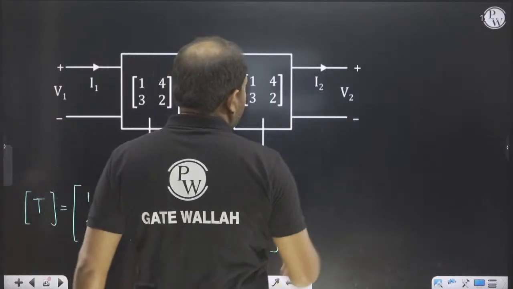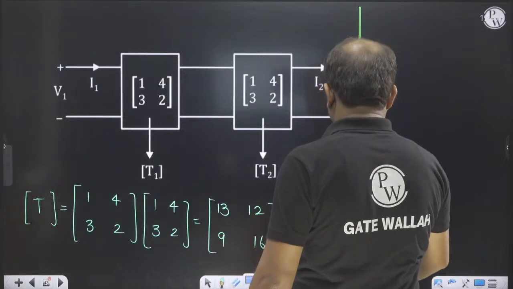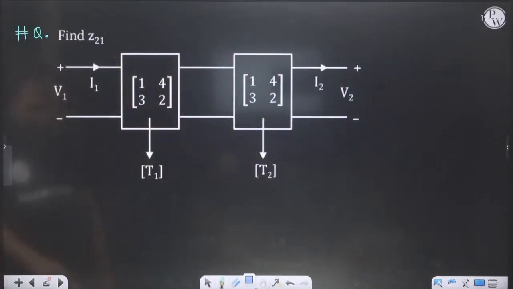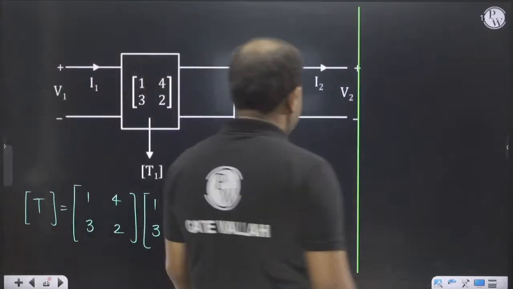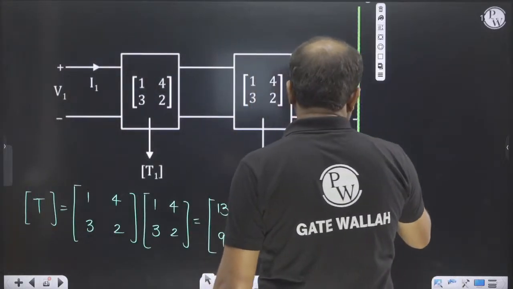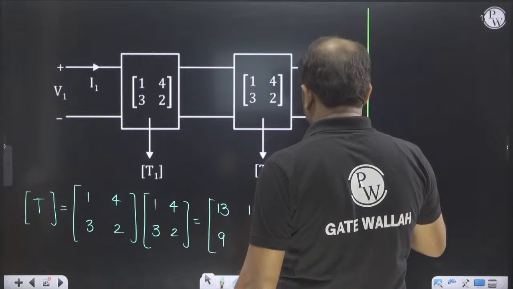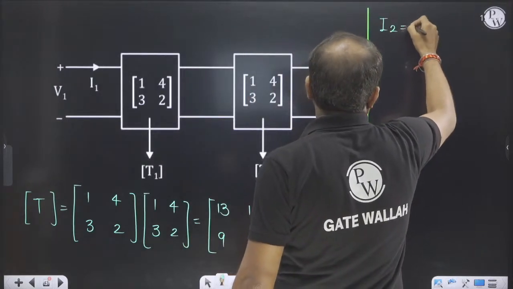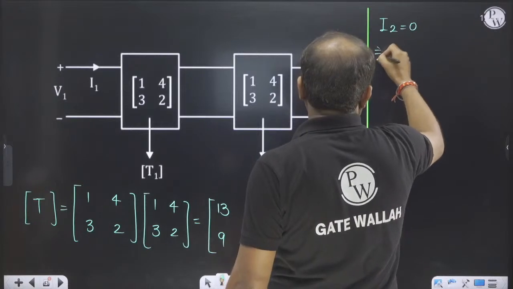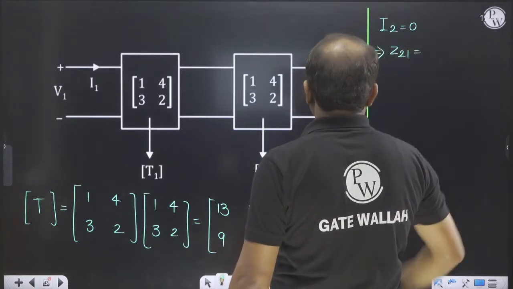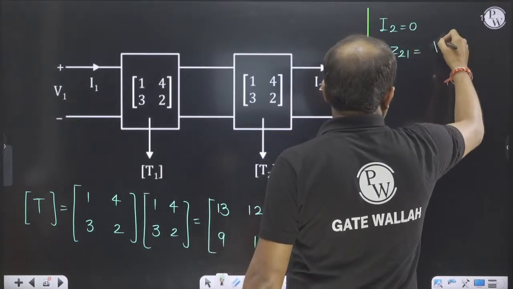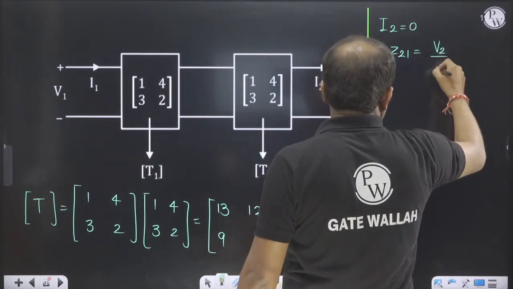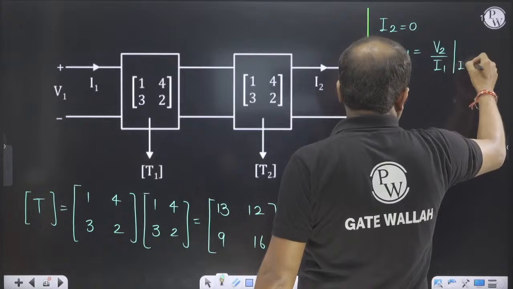Then they are asking for Z21. Okay, no problem with that. First of all, I will determine what Z21 is. Z21 is defined with I2 equal to 0: Z21 is equal to V2 upon I1, with I2 equal to 0.